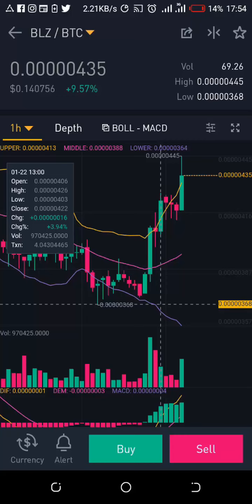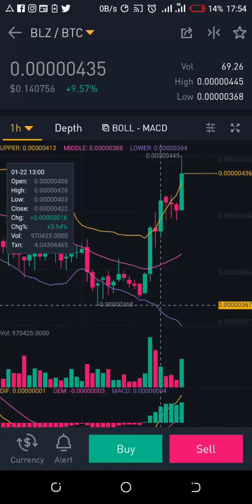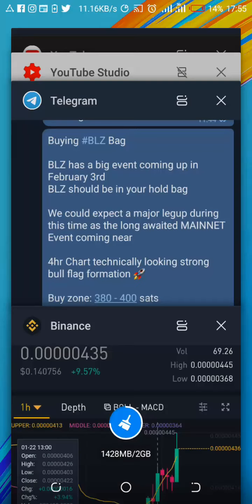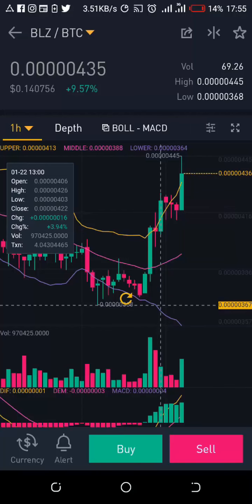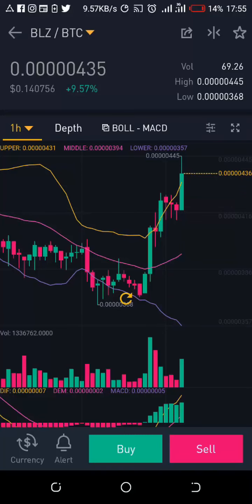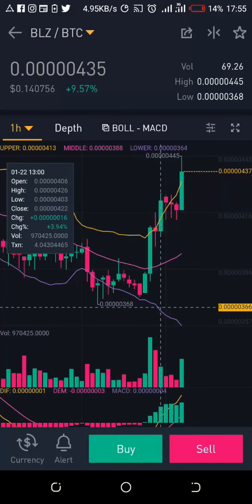We entered here, and within 1 hour the first target was made. Let's check it. The first target here is what? 425 Satoshi, right? Then within an hour it reached a high of 426 Satoshi, right?